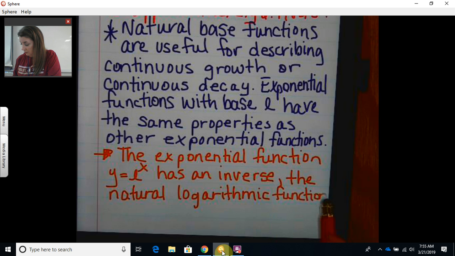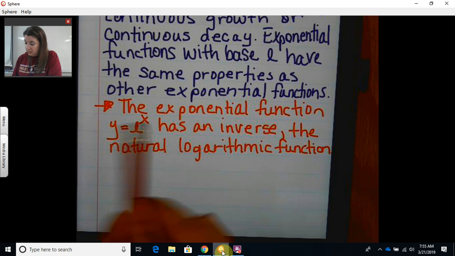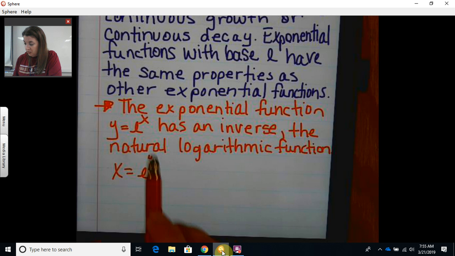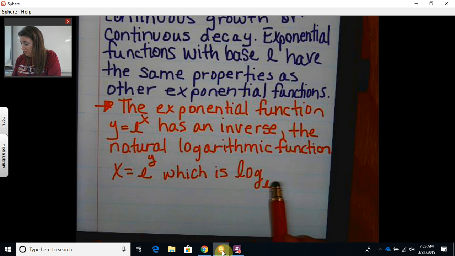So the exponential function is y equals e to the x. We know the inverse, we flip-flop the x and the y, right? So the natural logarithmic function, if we flip-flop the x and the y, we would have x equals e to the y, which is log base e of x equals y.